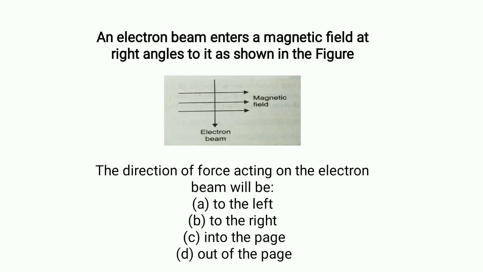Now here we have to apply Fleming's left hand rule in order to find out the direction of force acting on the electron beam. So apply Fleming's left hand rule and you will get the answer: into the page. That is, the direction of force acting on the electron is into the page.